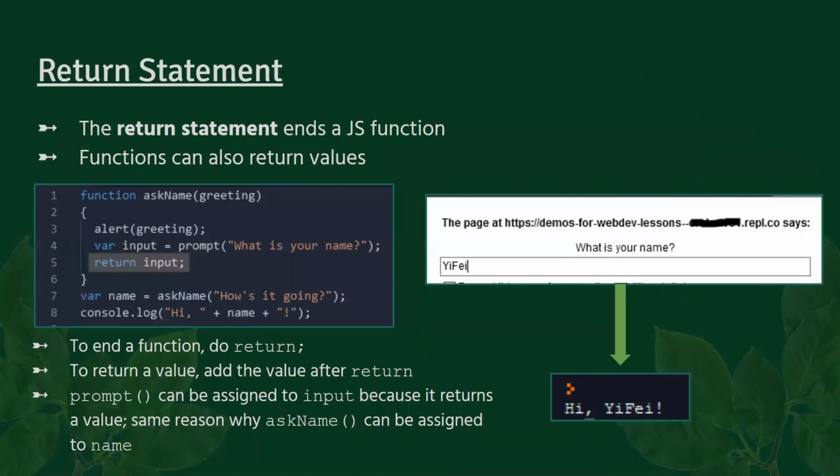Okay, return statement. A return statement ends a JavaScript function. Functions can also return values. See this return input? This is different from printing. Basically, a return returns the information that was given back to the computer.